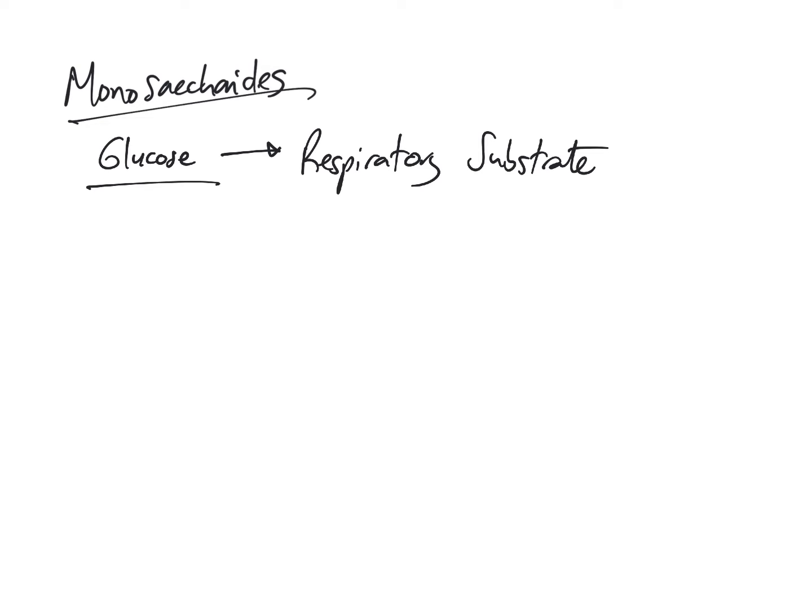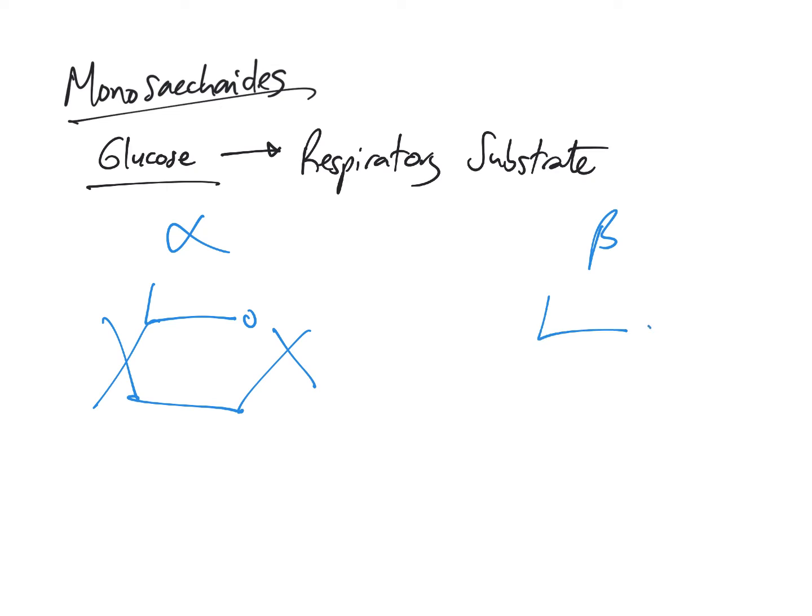You then should be able to tell me about the two different types of glucose. We have alpha glucose and we have beta glucose. Alpha glucose looks like this. And beta glucose looks like this. Okay? Difference though. In alpha glucose, the hydrogens are always at the top and the OH groups, or the hydroxyl groups, as sometimes they are called, are always at the bottom.